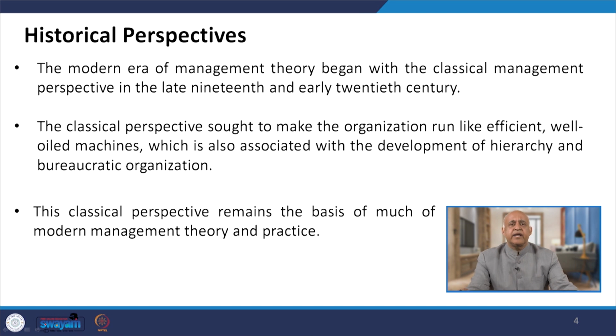If we talk about the historical perspectives, the modern era of management theory began with the classical management perspective in the late 19th and early 20th century. So when we talk about the 1860s, 70s, 80s and then the 20th century, this classical management theory was about making the organization run like an efficient, well-oiled machine, which is also associated with the development of hierarchy and the bureaucratic organization.